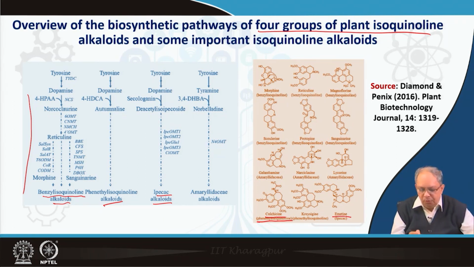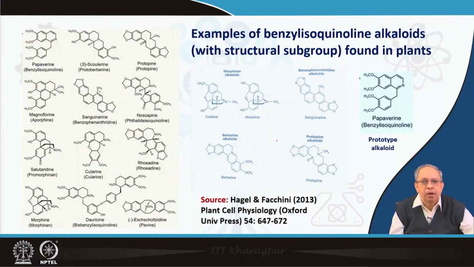Therefore, we will not put much attention on it. Amaryllidaceae alkaloids are another group of alkaloids, and the examples are lycorine and galanthamine. Galanthamine is a very strong acetylcholinesterase inhibitor, so it is used as a drug. And the examples of benzyl isoquinoline are morphine, reticuline, and scopolamine, which we will discuss soon.